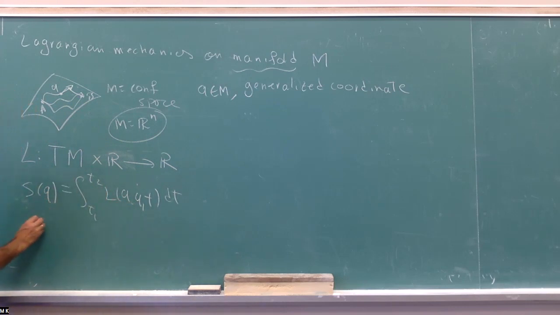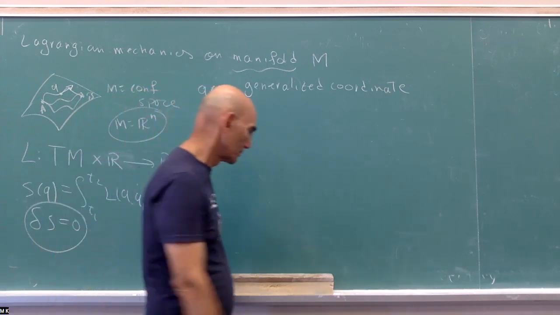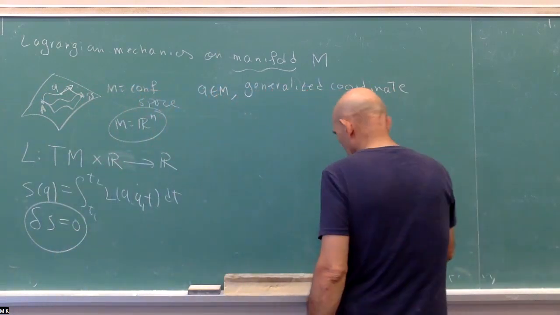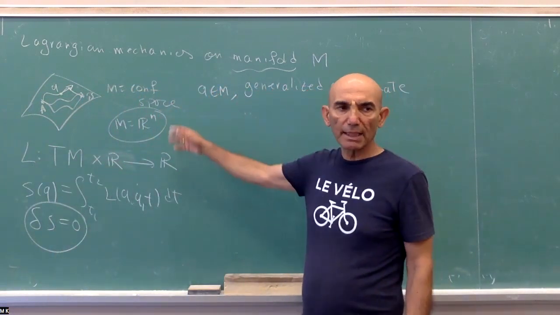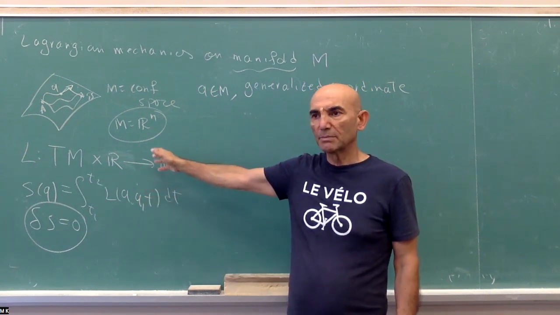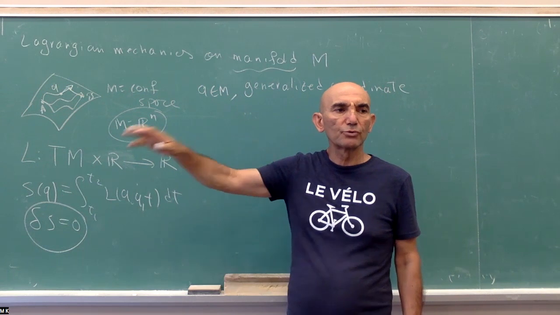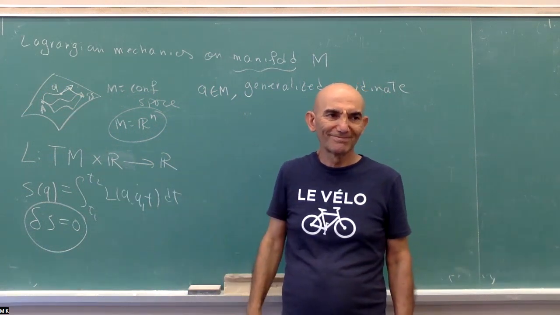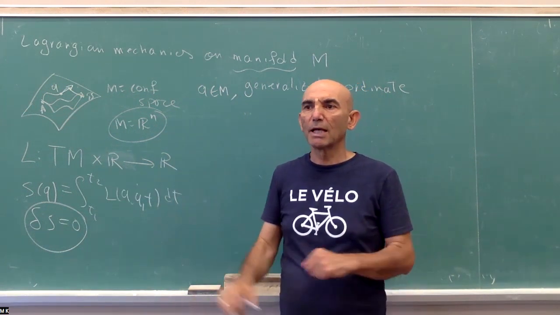And you want to set up things such that delta S is equal to 0. So you can formulate it, and then you get the Euler-Lagrange equations exactly as we did, the same equations, now with the interpretation that they are true in any coordinate system. So this is the magic of this thing.